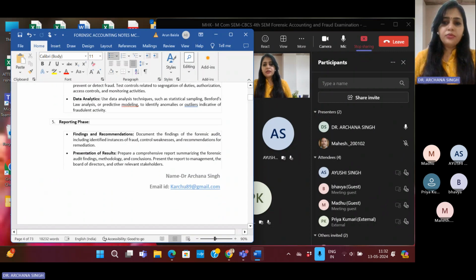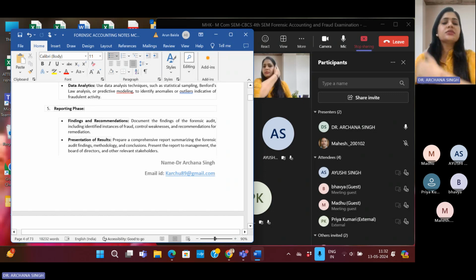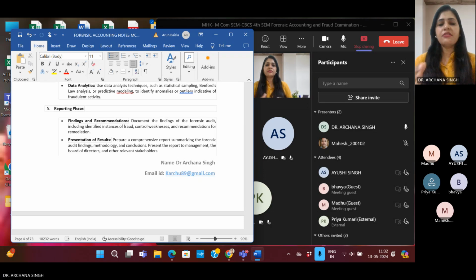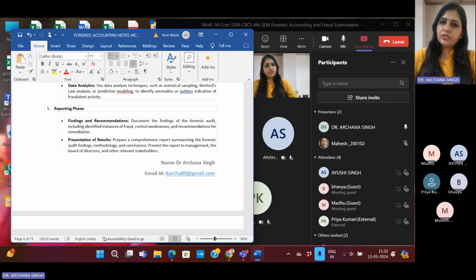Now next is your reporting phase. The reporting phase basically includes findings and recommendations and presentation of the results that the auditor has identified. The findings and recommendations should be supported by documents, including identifying instances of fraud or control weaknesses and recommendations for remediation.